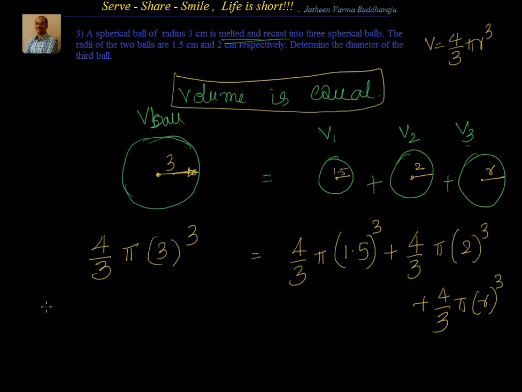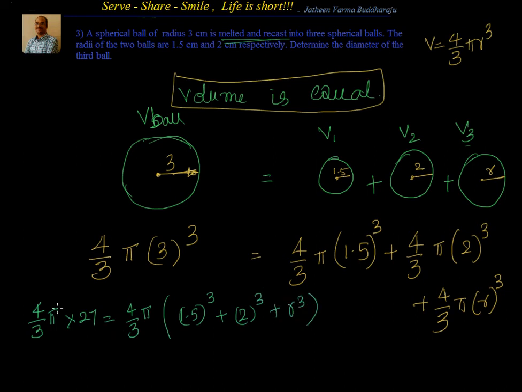The next step is, I can write it as 4 by 3 pi into 27 equal to, can I take 4 by 3 pi common in all of them? I can write it as 4 by 3 pi into 1.5 cube plus 2 cube plus r cube.